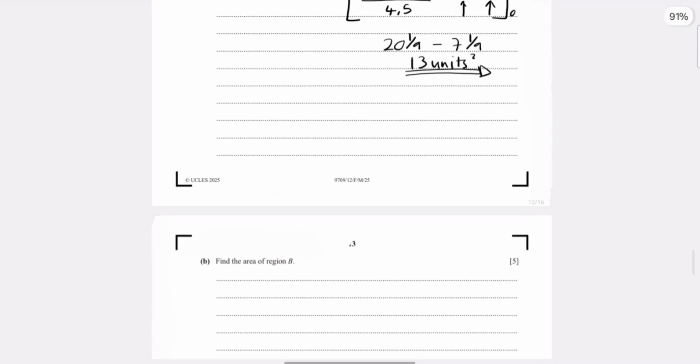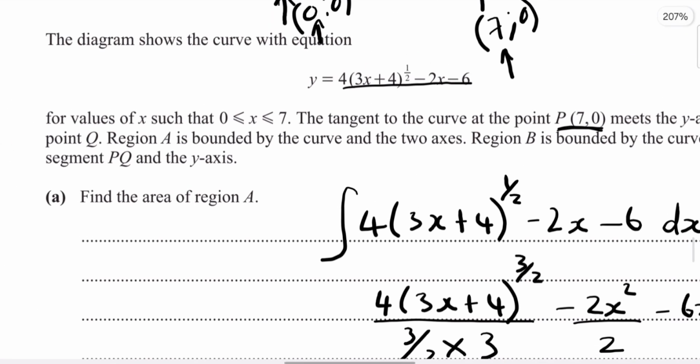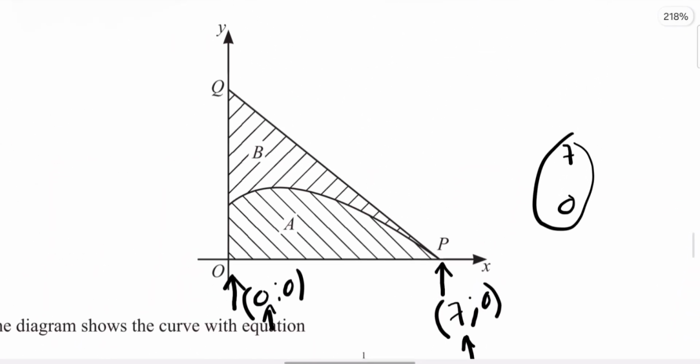Moving on to part B, it says find the area of region B. Looking at our diagram, region B is this one. So we can get that by taking the area of this triangle minus the area of A that we've just calculated.